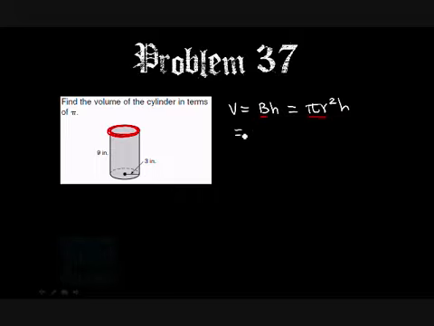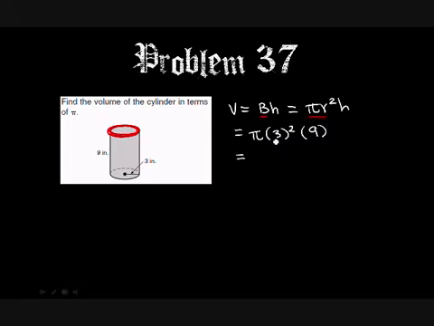So we're going to go ahead and just plug everything in. I'm using pi, my radius is 3, and then the height would be 9. And so we end up with pi, and then 3 squared is 9 times 9 from that one. And so we end up with 81 pi. So it's in terms of pi, and that's the volume.